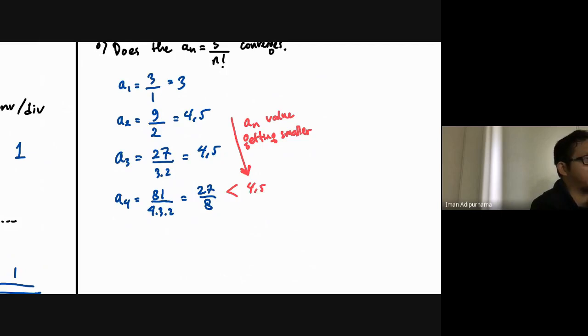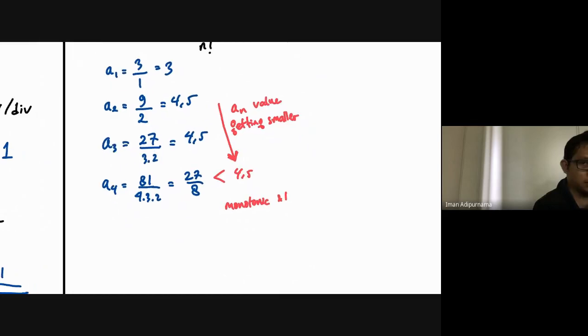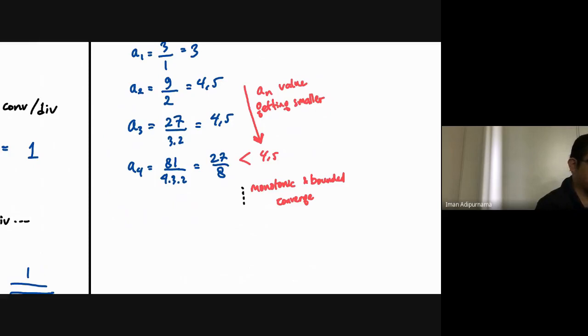And from here we can say that if you keep making n bigger, eventually we'll say that okay, it's monotonic and bounded, and it will be converged. If you keep increasing n, and keeping it larger.